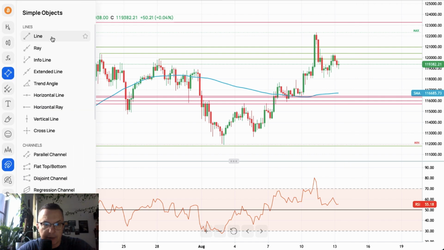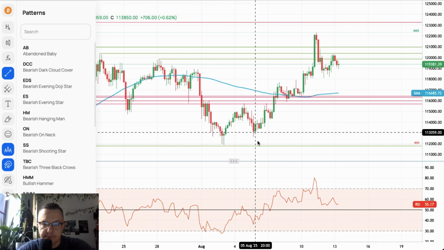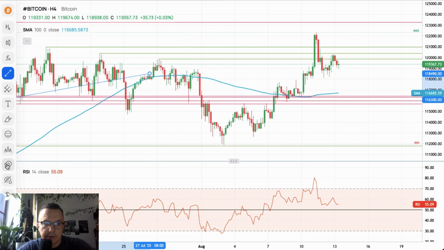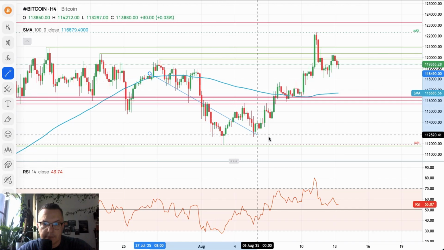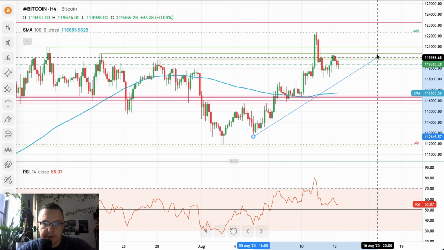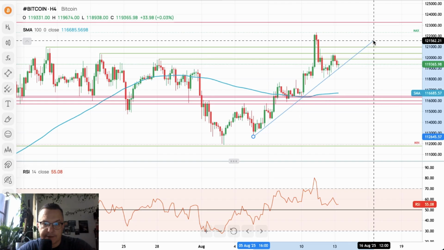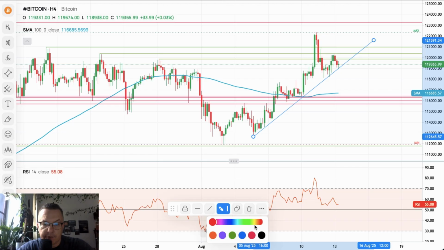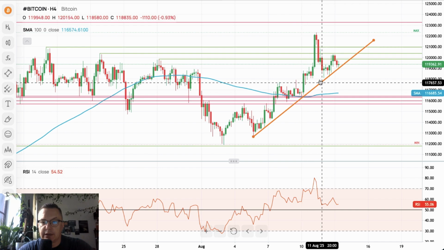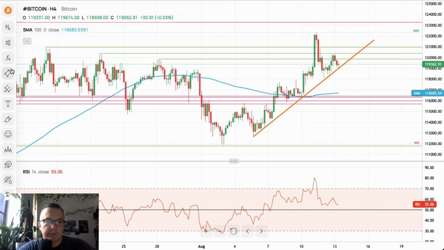It looks like we can apply our trend line here. Just a second. I think that from this low towards here, there is some interesting technical development above the trend line. So let me make it thicker, and as long as we stay above this trend line, the outlook remains bullish.